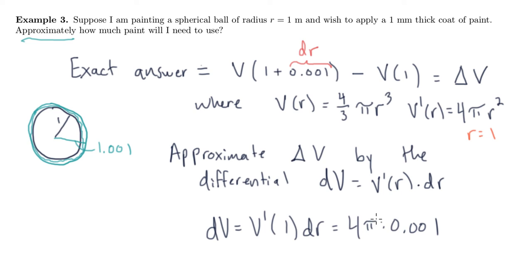So basically, it's the surface area and then scaled by just this small change, is another way to think about it. And so what do we get?